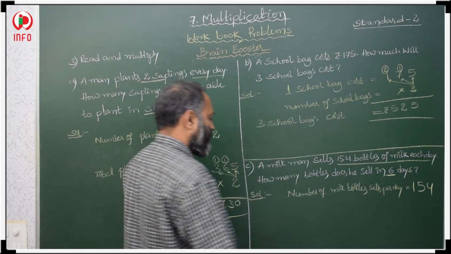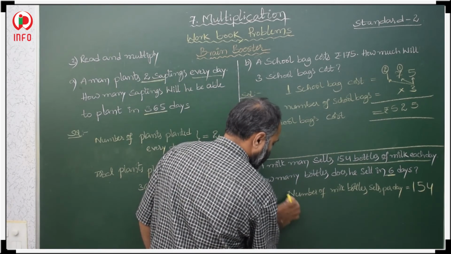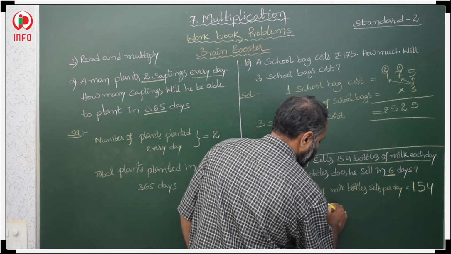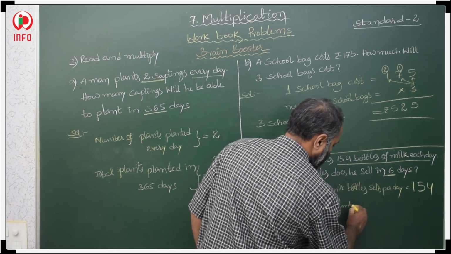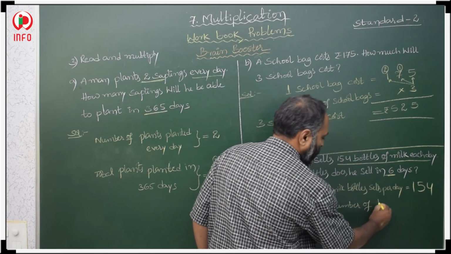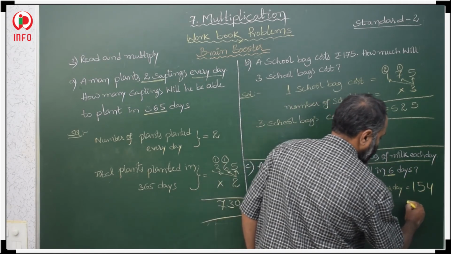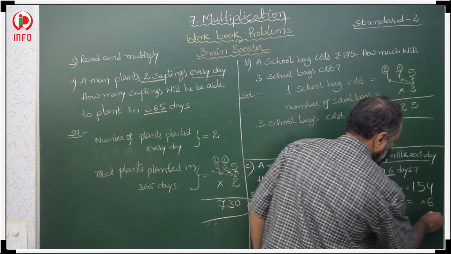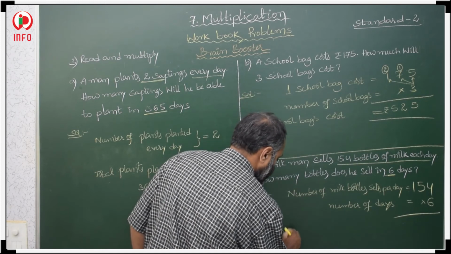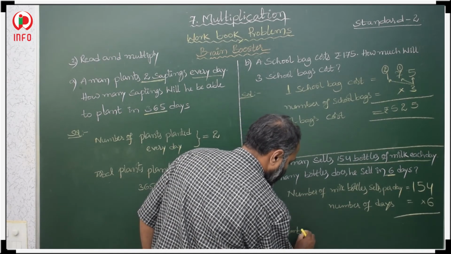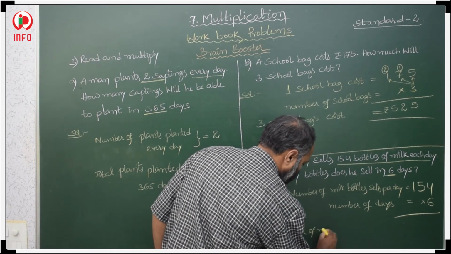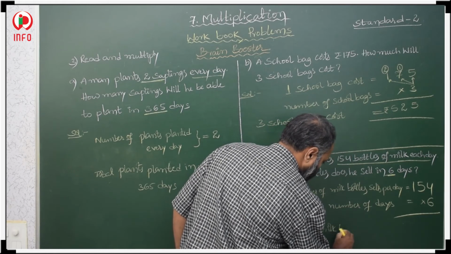Then the number of days. How many days? 6 days. Number of bottles sold in 6 days.